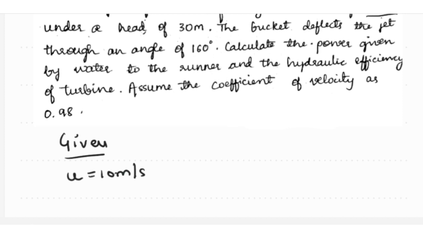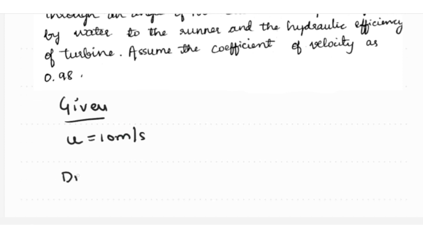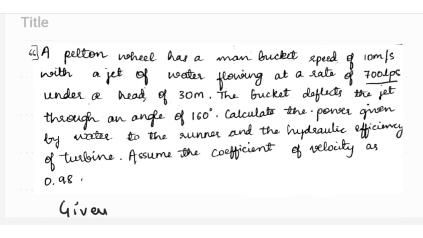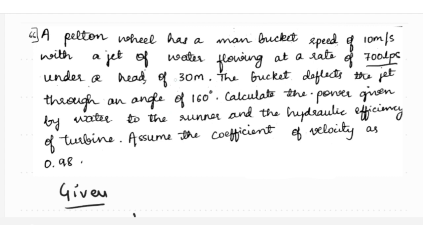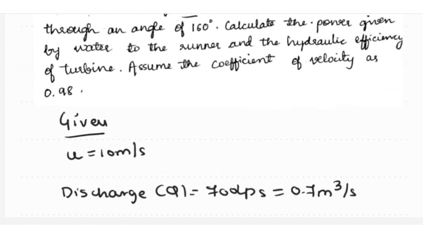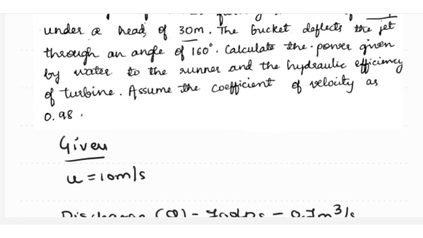So discharge Q is equal to 700 lps, that is equal to 0.7 meter cube per second. Next given is the net head, H is equal to 30 meter. Then the bucket will deflect the jet by an angle of 160 degree.